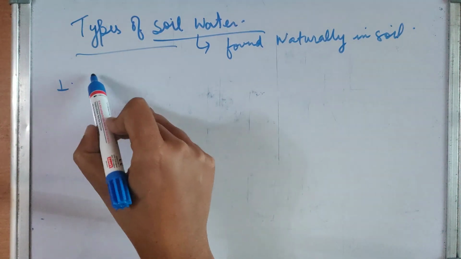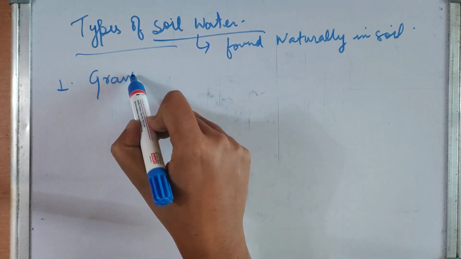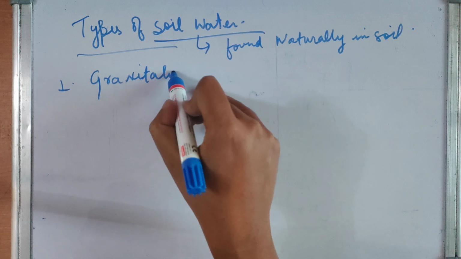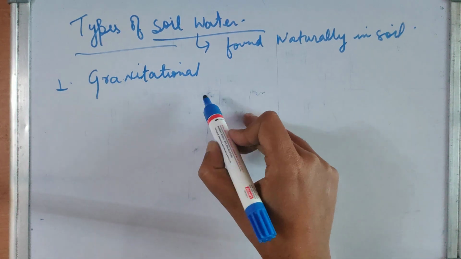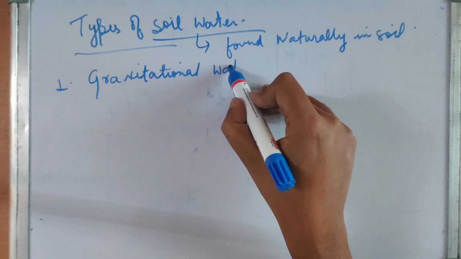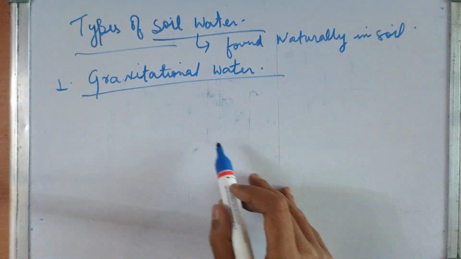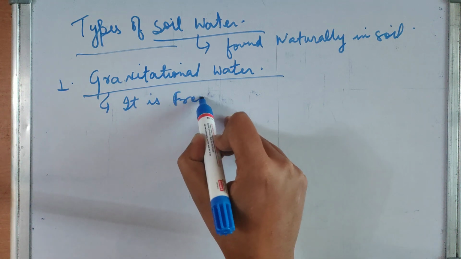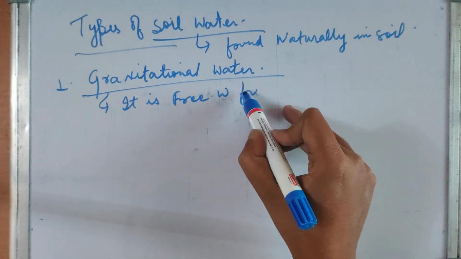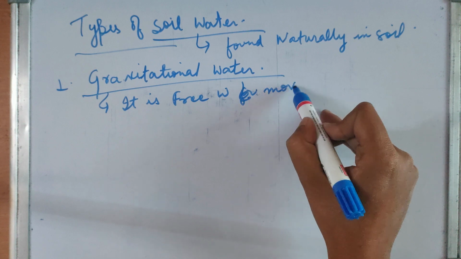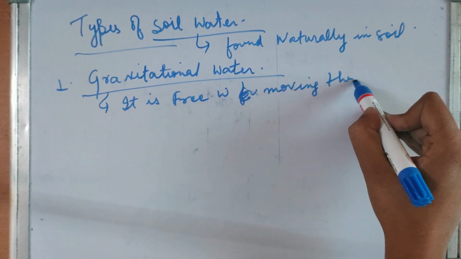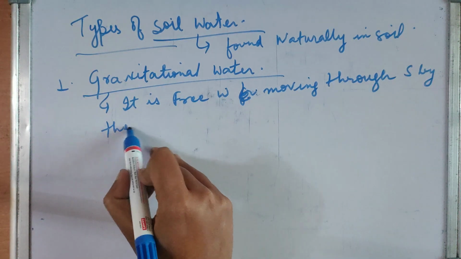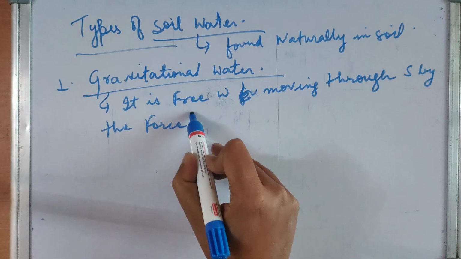First one is gravitational water. What is this? It is free water moving through soil by the force of gravity.